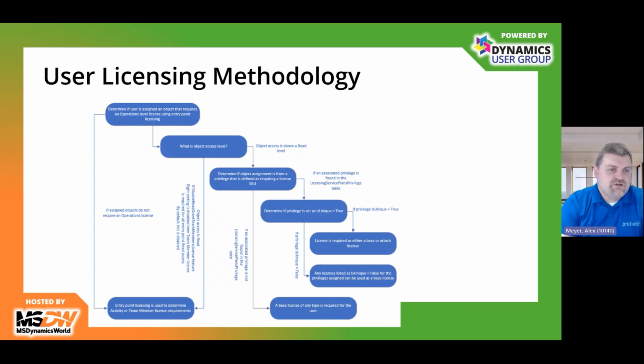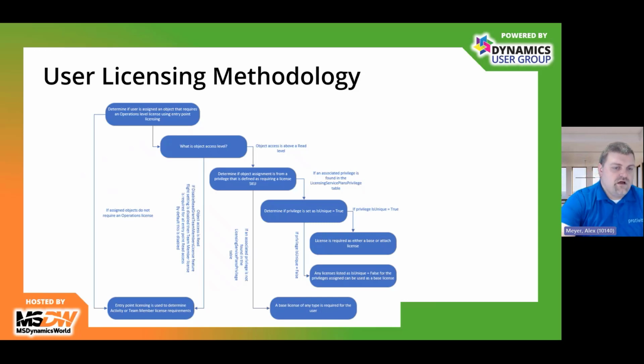All right, so I put together, based on everything we've looked at, the entry point based licensing, the privilege based licensing, the different call outs that we had from the changes that have occurred recently, an updated decision tree and a Visio diagram here to show the process that Microsoft is actually going through when they're looking at the licenses and doing that analysis.